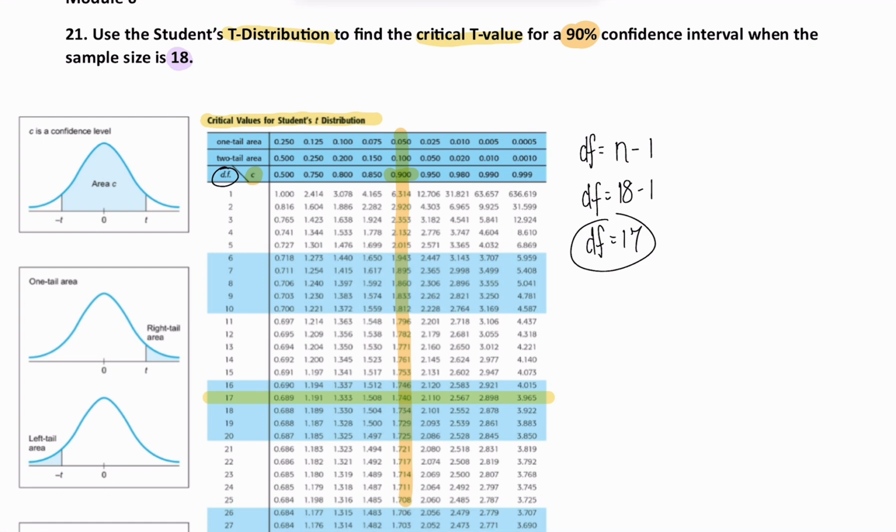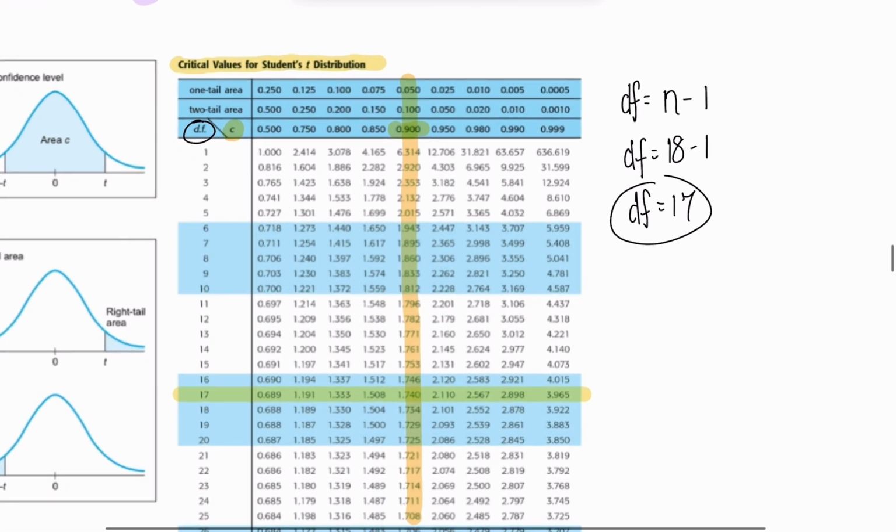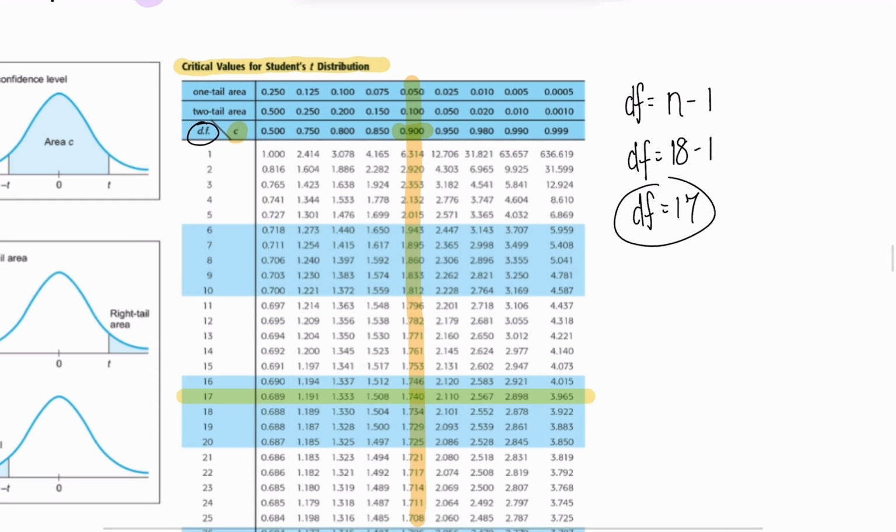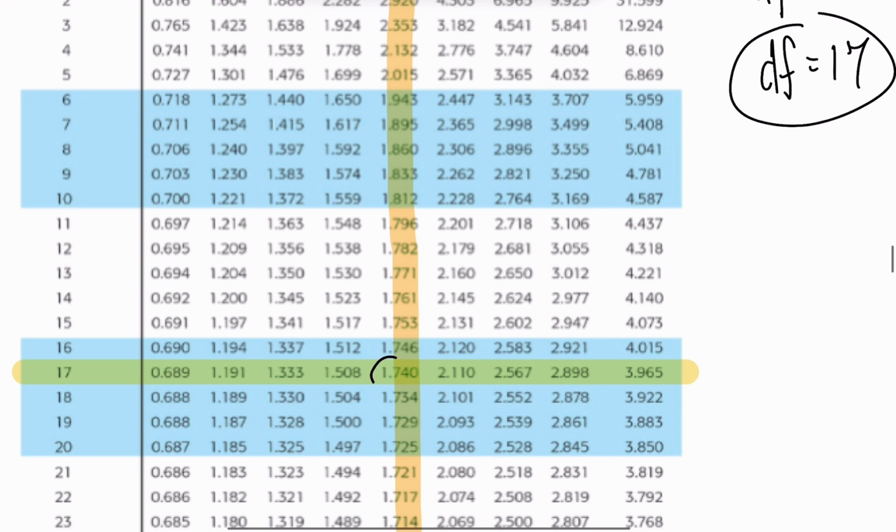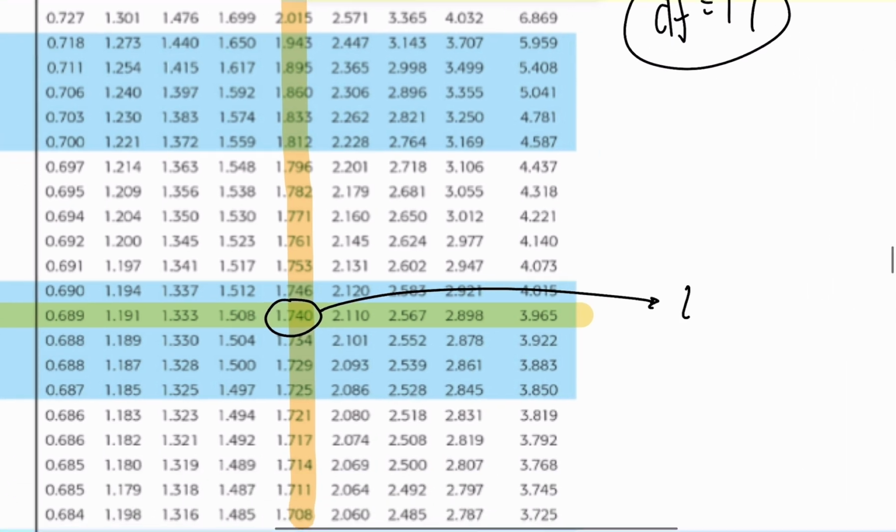The intersection of these two values, the degrees of freedom and our confidence level, is going to be our critical t-value, which on our chart here is 1.740.